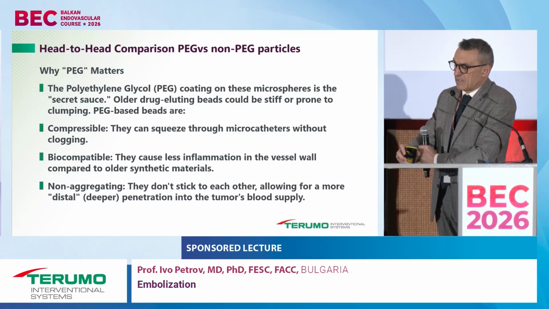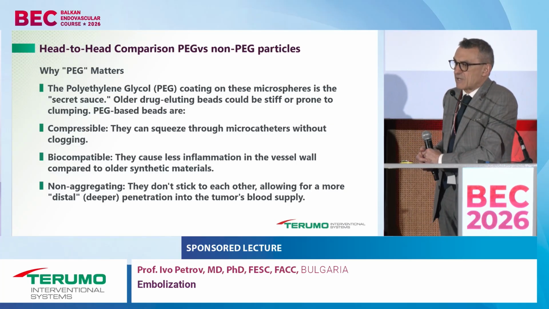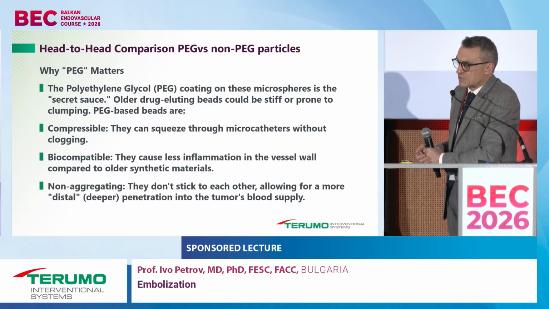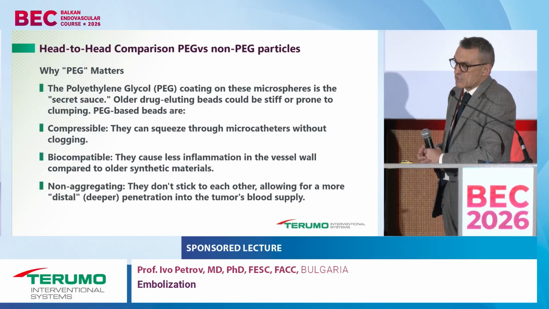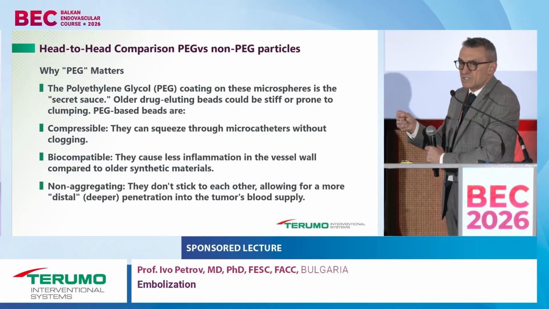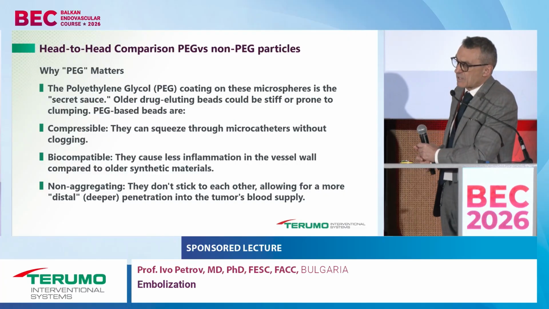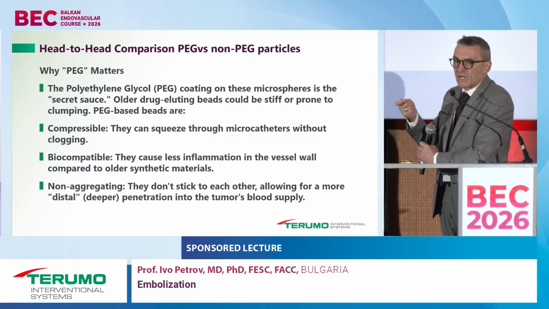One of the most advanced embolization materials are based on polyethylene glycol particles. These are very important steps ahead, because these materials can be squeezed, they are plastic, and they can go through microcatheters.